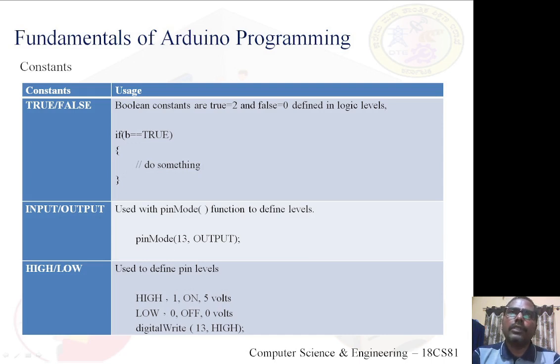True means always true, false means false. If any condition is true or false, we can check it through the constants true and false. Also, we have the constants input and output.